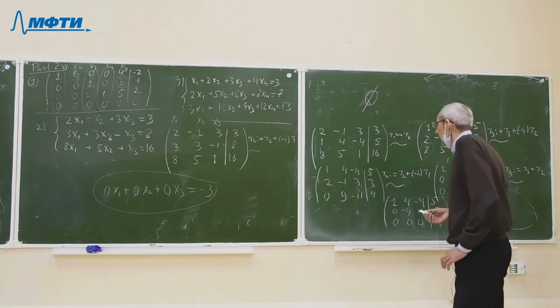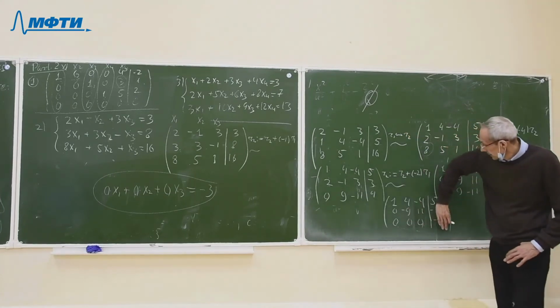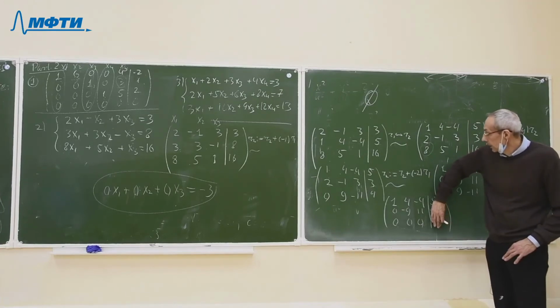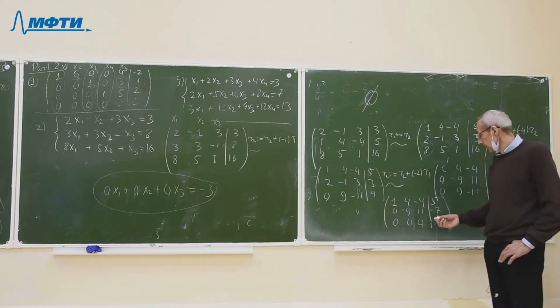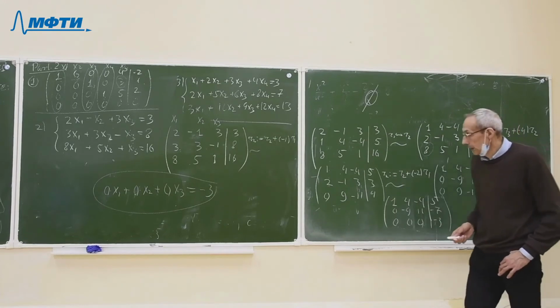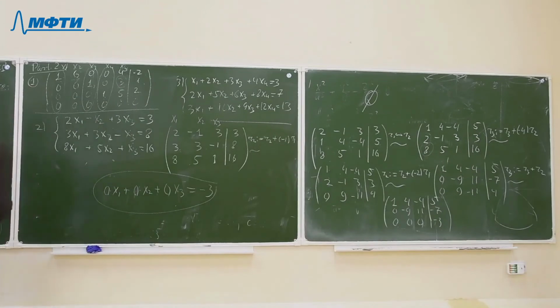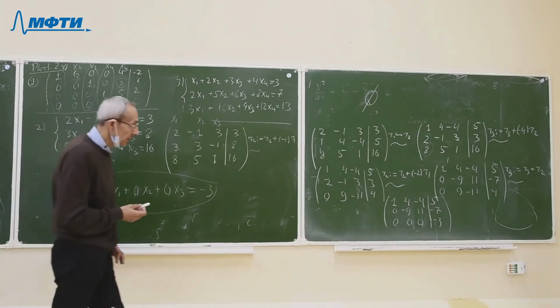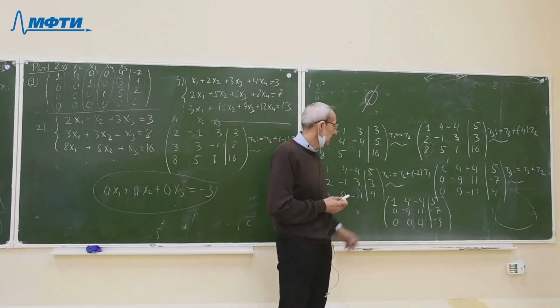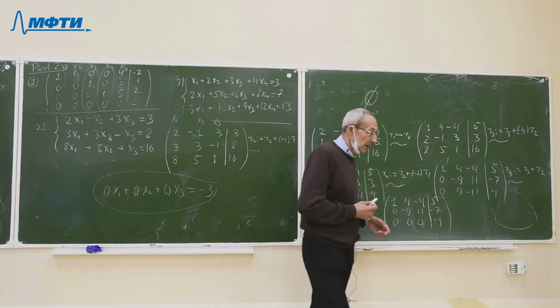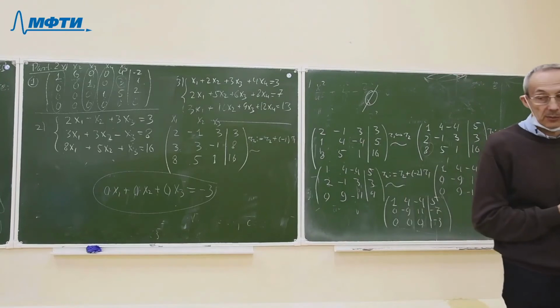We can conclude that the matrix of coefficients has only two non-zero rows in reduced echelon form, but the augmented matrix has three non-zero rows, and the number of non-zero rows of the matrix of the linear system is less than the number of non-zero rows of the augmented matrix.